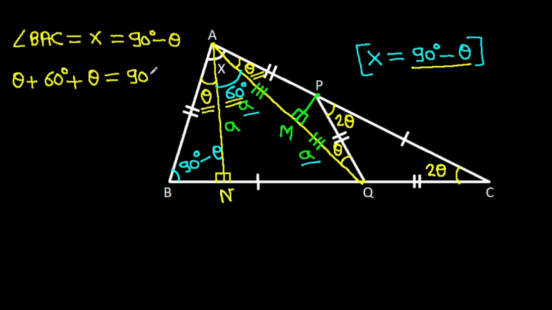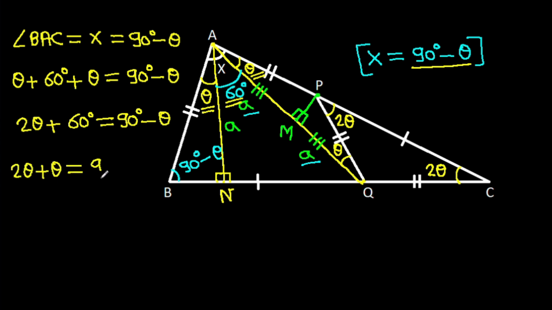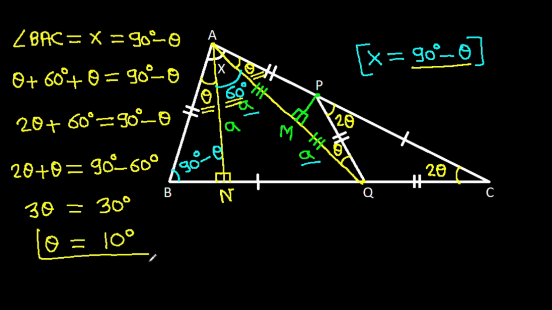It is 90 degrees minus theta, and 2 theta plus 60 degrees is 90 degrees minus theta. And 2 theta plus theta will be 90 degrees minus 60 degrees, and 3 theta is 30 degrees, so theta will be 10 degrees.